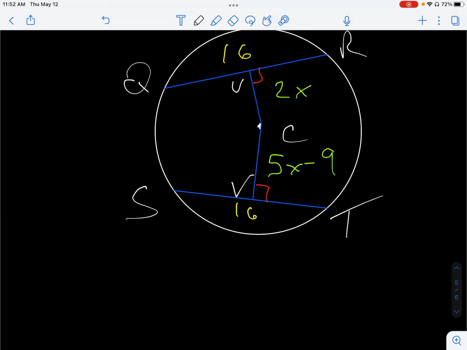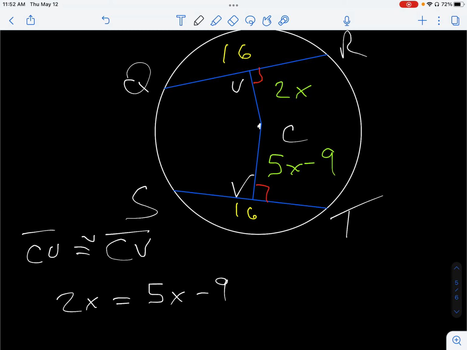And since QR is 16 and ST is 16, we can honestly say that CU is congruent with CV. So 2x is going to equal 5x minus 9. We can find out the length of CU and CV.